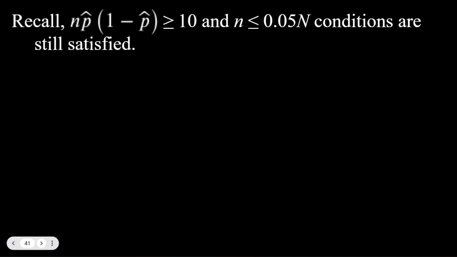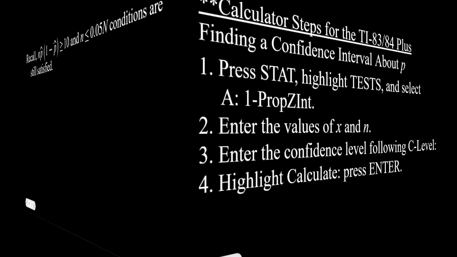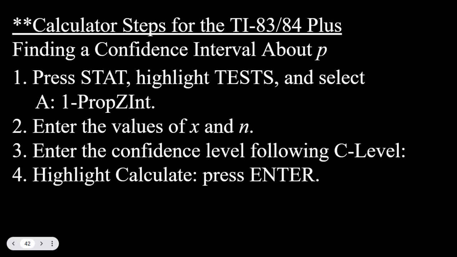We do want to recall that n times p hat times 1 minus p hat has to be greater than or equal to 10, and n does need to be less than or equal to 0.05 times N. Those conditions still need to be satisfied as we go through this process. Now, we do have some calculator steps for this on the TI-83s and 84s. Finding a confidence interval about p: number 1, press the stat key, highlight tests, and select option A, the 1-proportion Z interval.